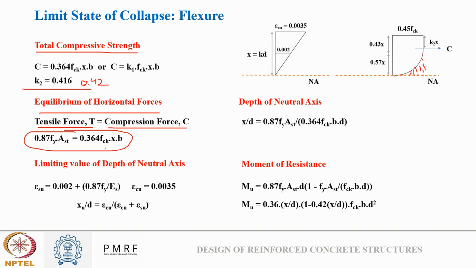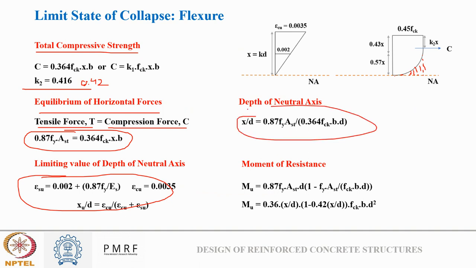How did we get the limiting value of the depth of neutral axis? From the strain diagram. We know the limiting value of strain, so using the similar triangle property, we got the limiting value of x by d. And x by d we can also calculate from this.